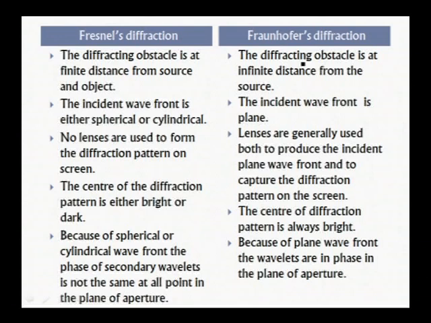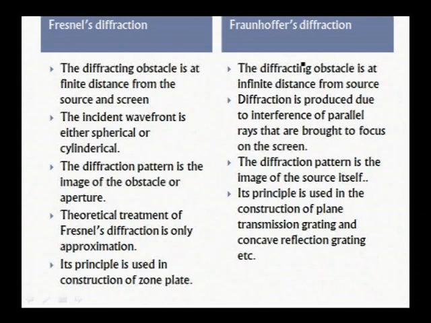Whereas in case of Fraunhofer, plane waves are used, and these plane wavefronts are in phase. As a result, whatever image is formed almost resembles the obstacle. So these are some of the differences.